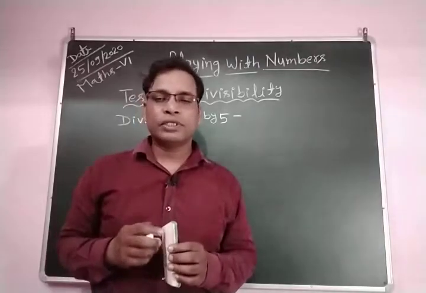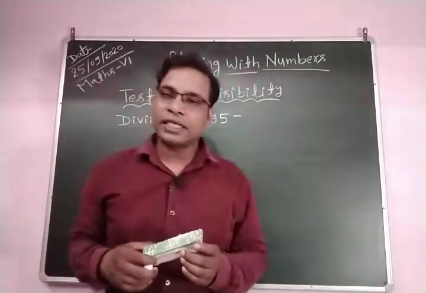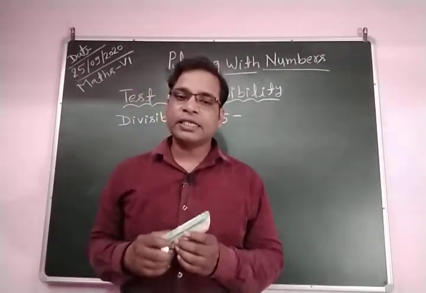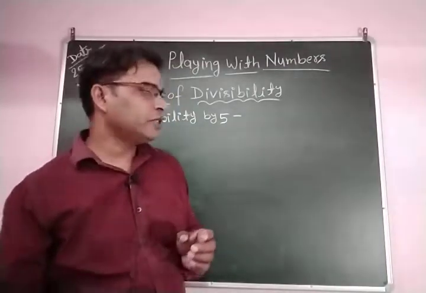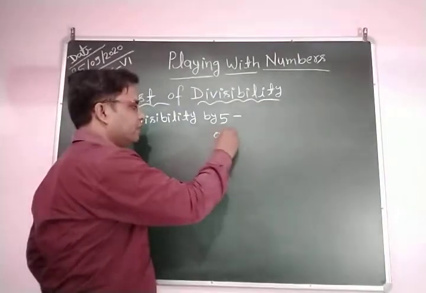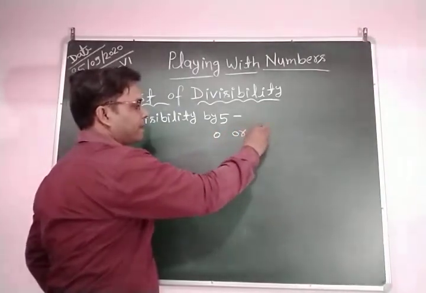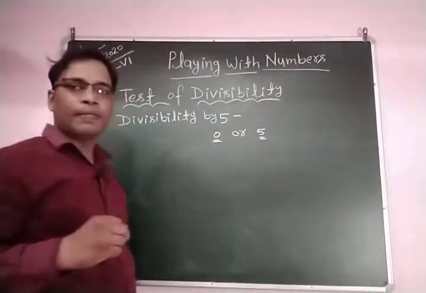Similarly, a number is divisible by 5 if its last digit, or unit digit, is 0 or 5. If any number has unit digit 0 or 5, then that number is divisible by 5.